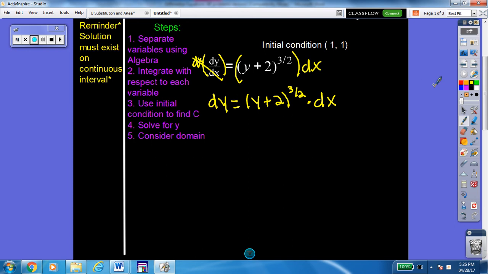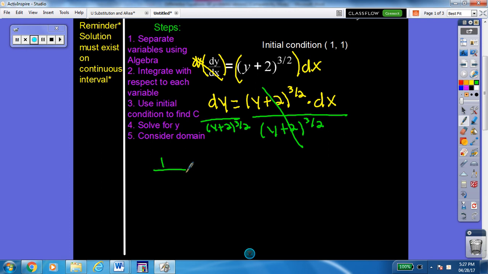Now, we don't really need to solve for y, we just need to move this expression that contains y to the left. So we're simply going to divide the entire thing by (y plus 2) to the 3/2. That'll cancel it completely out here, and on the left side we're going to have (y plus 2) to the 3/2 as well. So let me organize myself a little better.